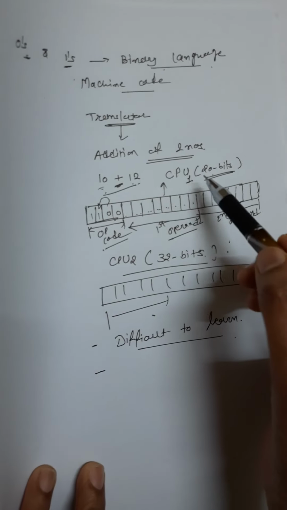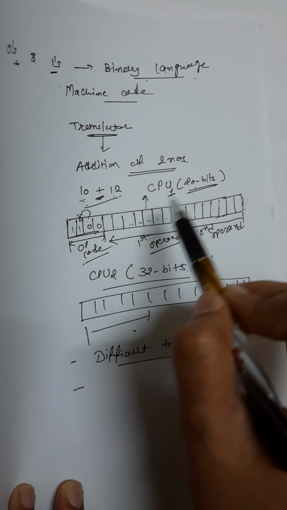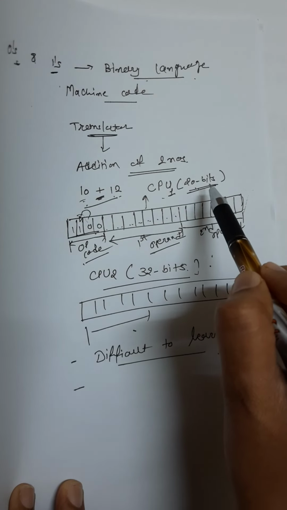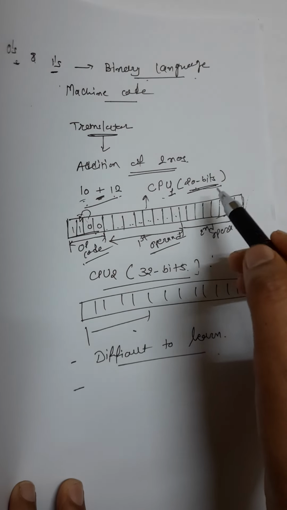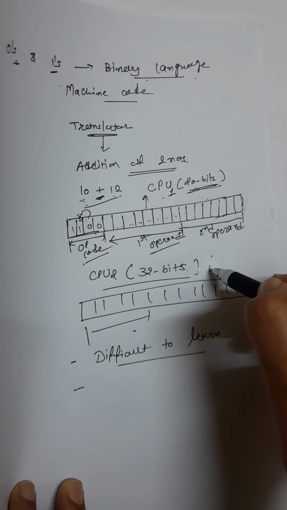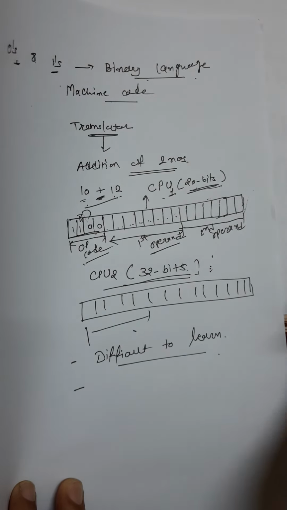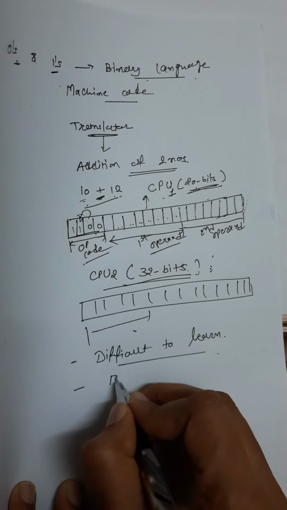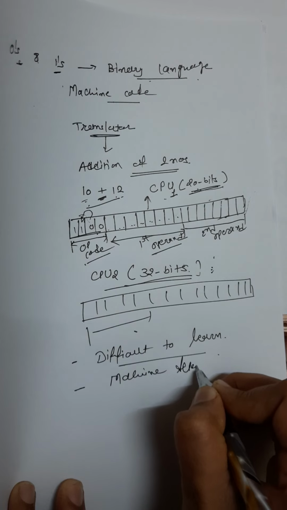As we have seen, an instruction written for a CPU which contains 20 bits length will not work on another CPU which is executing an instruction set of 32 bits. And that is why machine language is machine dependent.